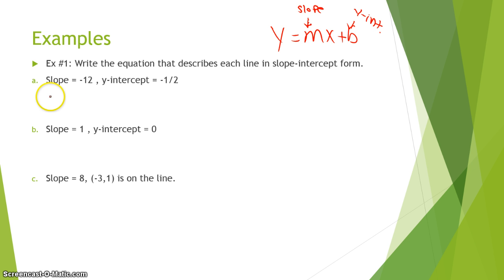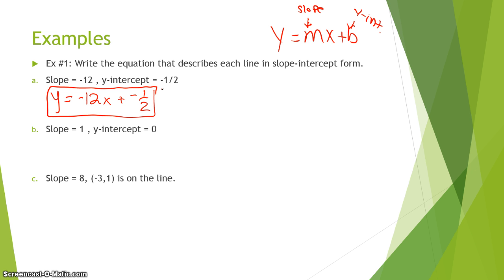So let's write this in the form y equals mx plus b. So we have y equals, my m, my slope, is negative 12, x plus my b, my y-intercept, so plus my negative 1/2. We've written in my slope and the y-intercept, so this is my final answer: y equals negative 12x plus negative half.